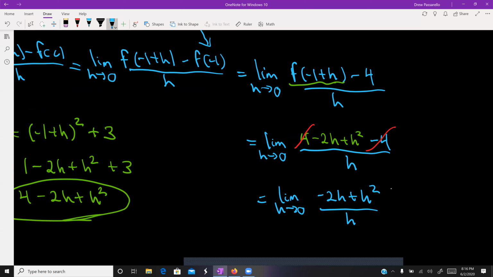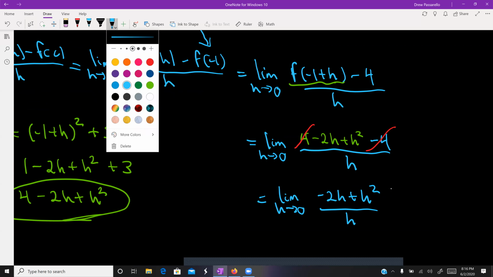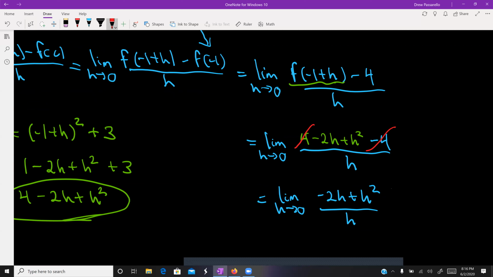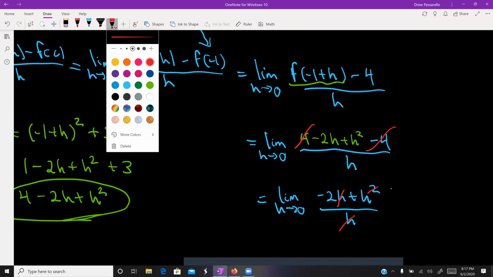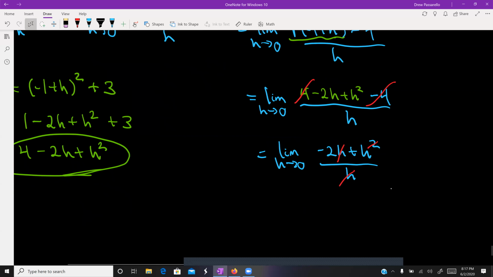I can divide out h from all the terms since it's a common factor. That makes this -2, that makes this just h, and the h in the denominator divides out. So I'm left with the limit as h goes to 0 of -2 plus h.